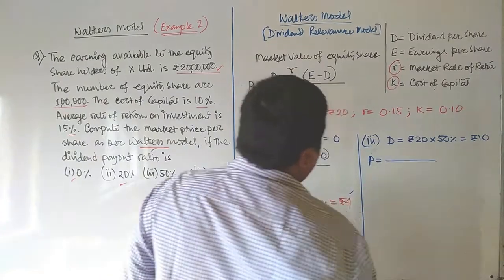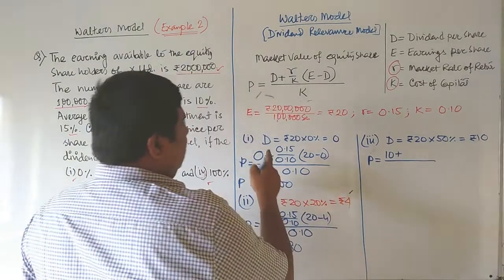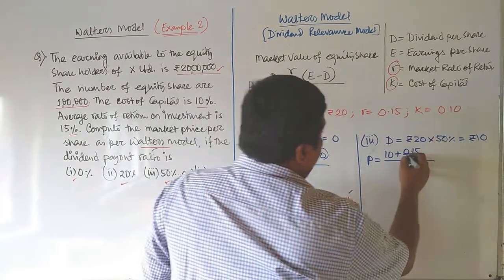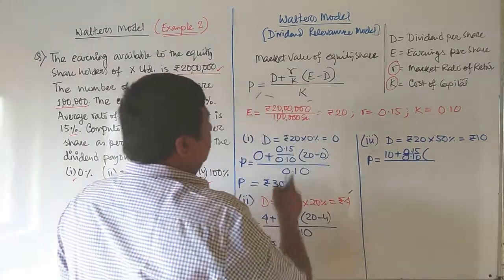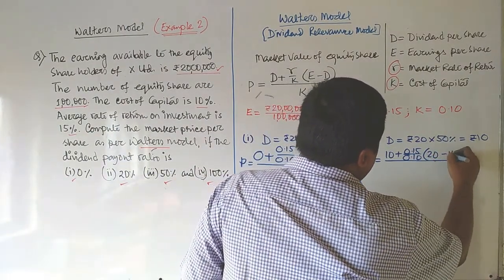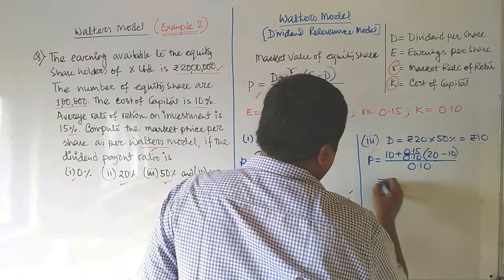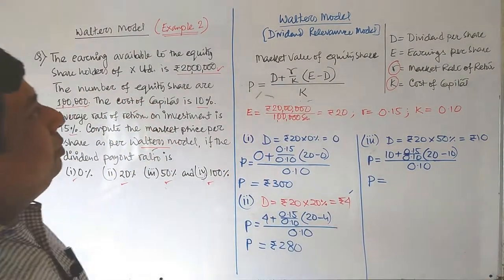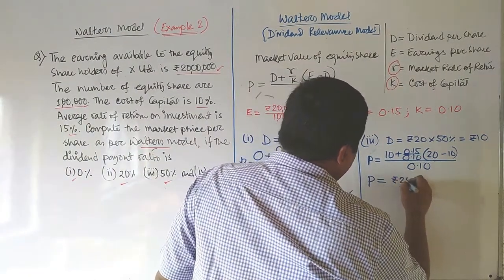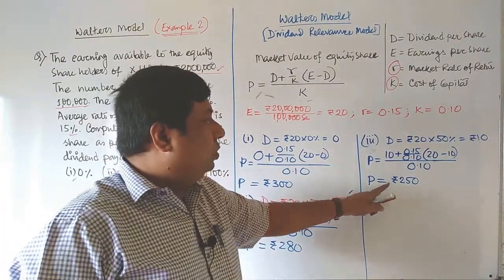P, market value per share as per Walter's model: D is 10 plus R by K, R is 0.15 and K, cost of capital, is 0.10, within bracket E minus D, E is 20 and D over here is rupees 10, whole divided by 0.10. In that case you get P as rupees 250. Market value per share is rupees 250.